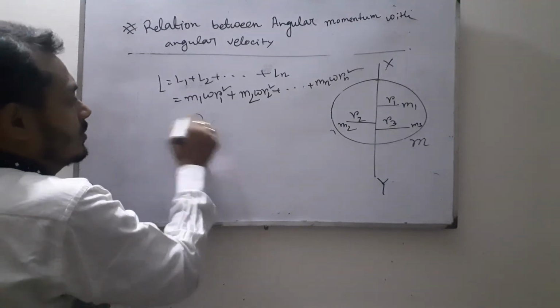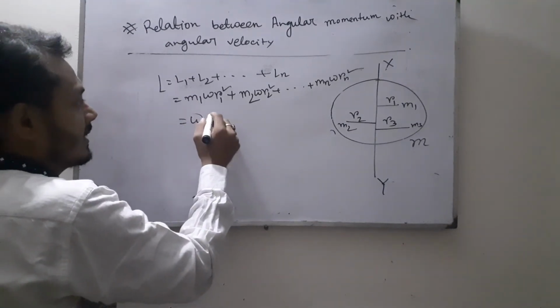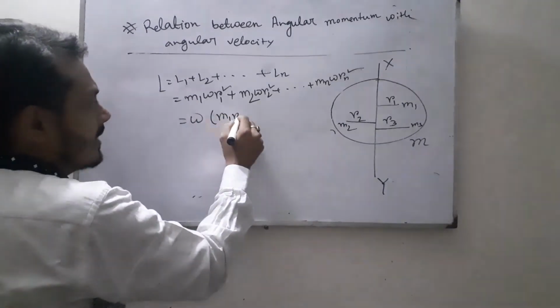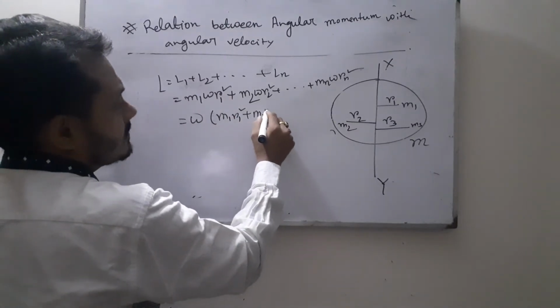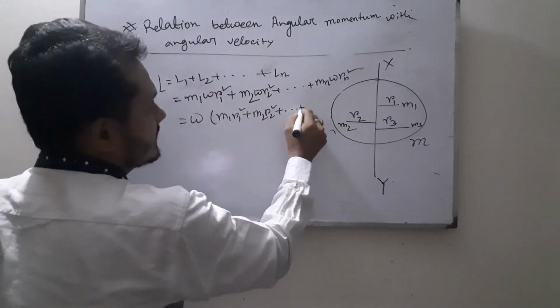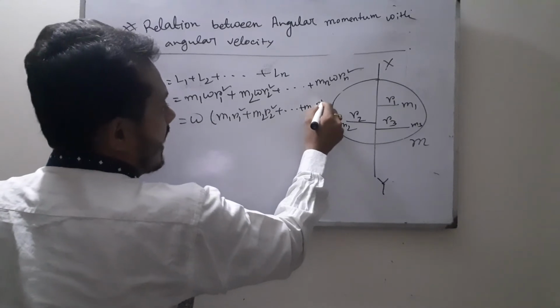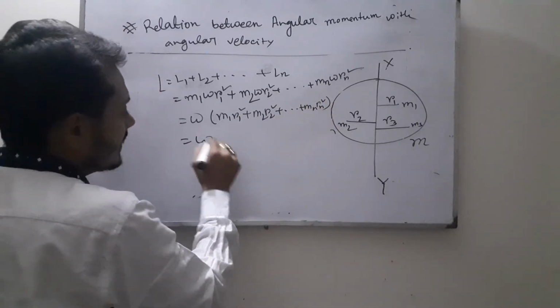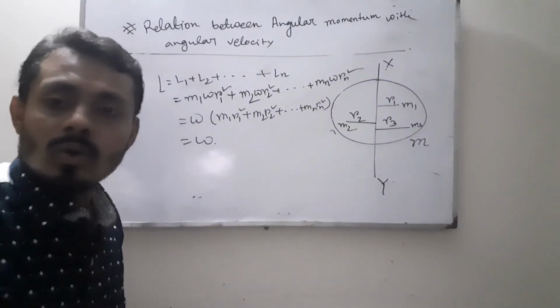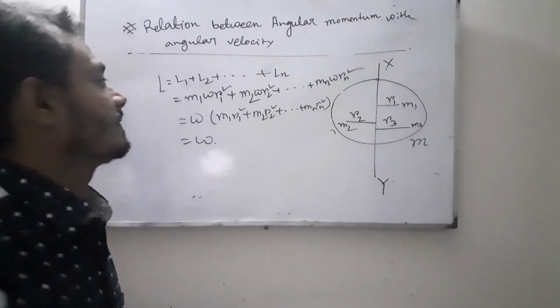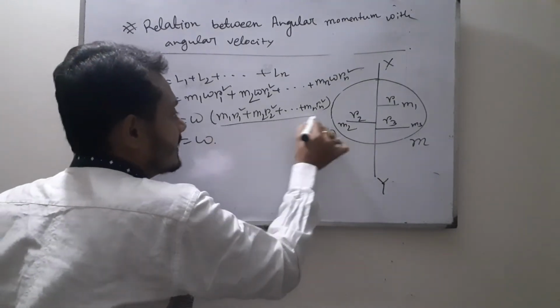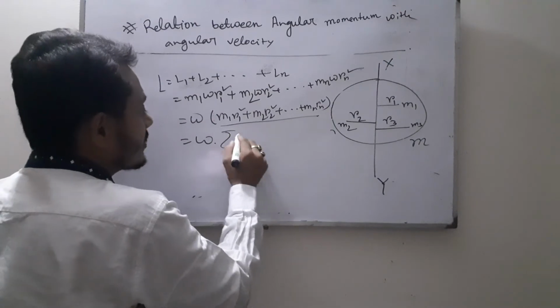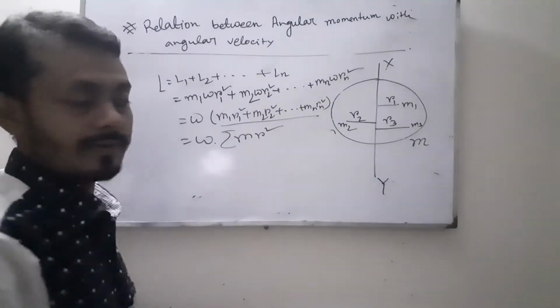Now we can write omega common: L equal omega into m1 r1 square plus m2 r2 square plus mn rn square. Dear students, we can write this in the following way: summation of m r square.